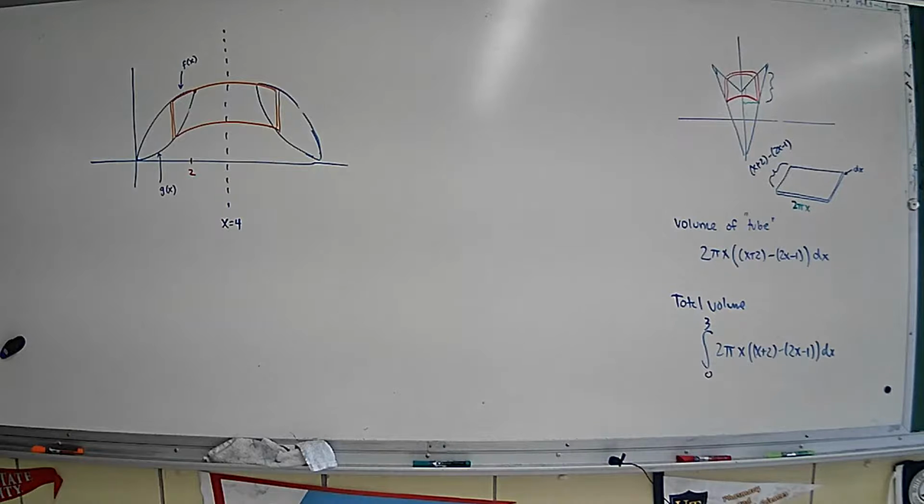So I've given you a region, and I've given you two functions, but I didn't tell you their rules. I just called them F and G. I want you to rotate that region around the line x equals 4, and write me an integral that will give me the volume of that region in terms of x.